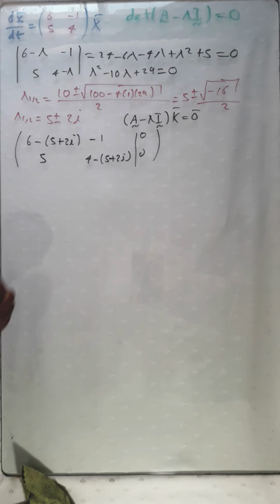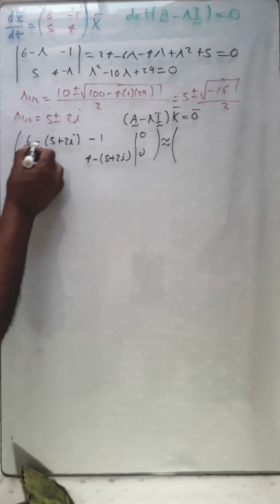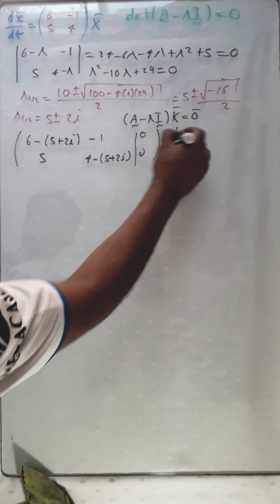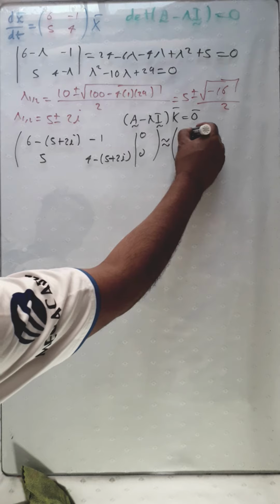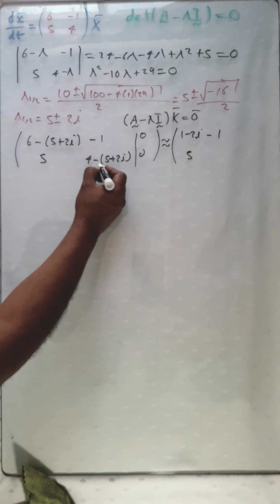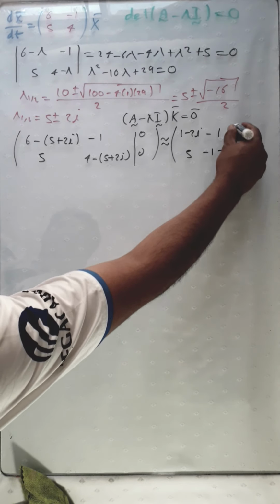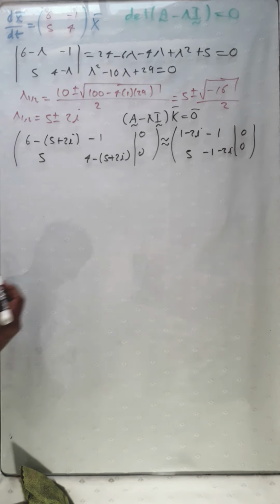All right. Now, if we reduce this, 6 minus 5 is just 1, and minus positive 2i, minus 1, and then 4 minus 5 minus 2i, minus 1, and then 0 and 0.